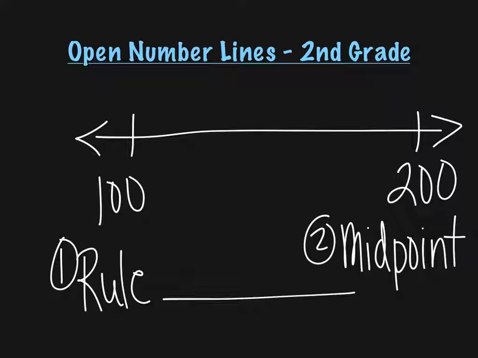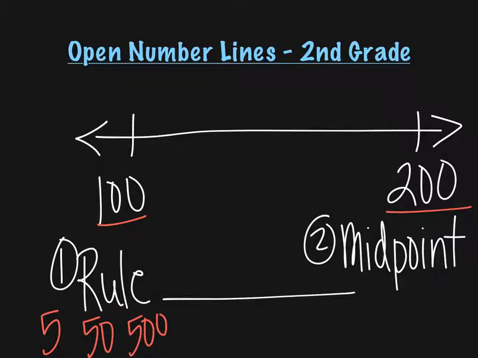Now, looking at this open number line that I drew, what would be my midpoint between 100 and 200? What's right in the middle? Think. Okay, so if this is hard, I want you to think to yourself, all right, what's between 1 and 10? What's right in the middle? Good. 5. 5 is right in the middle. So you either have 5s, 50s, or 500 right in the middle.